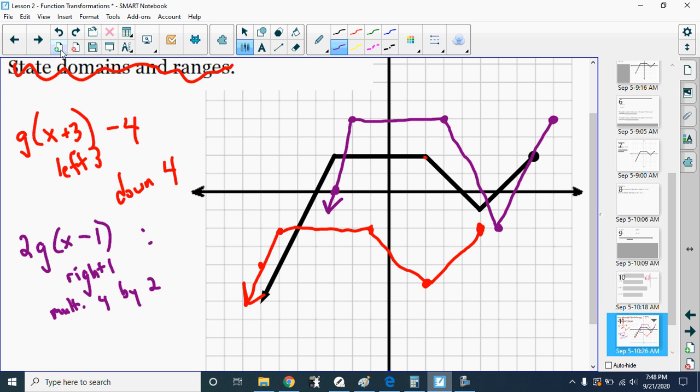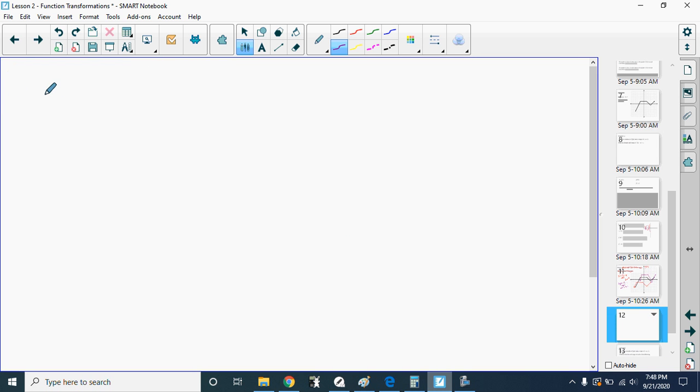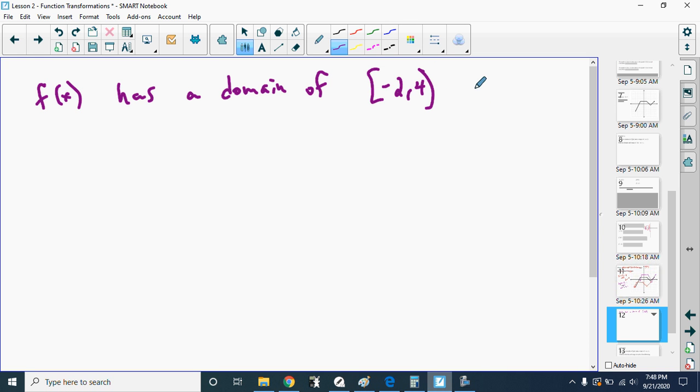One other type of problem we need to look at here. Let's suppose it tells us that f of x has a domain of negative 2 to 4, including the negative 2 but not the 4, and a range of negative infinity to 11.